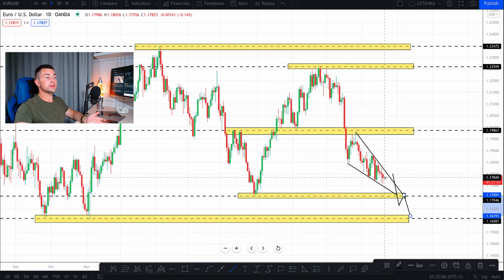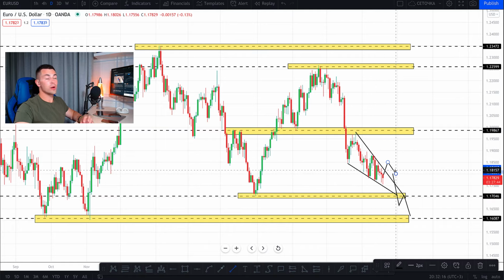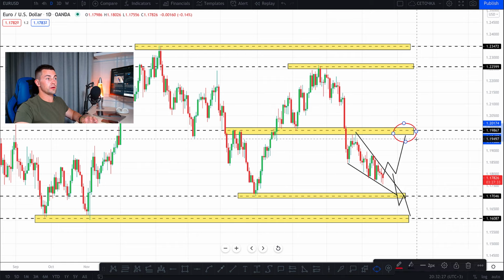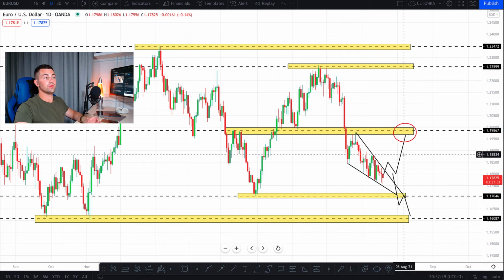Also, in case the wedge right here is broken before the price actually reaches the year's low, if we see a scenario like that, I won't buy the market. For me, it won't be a decent breakout to buy. Then I will simply wait until the price reaches that structure right here, and from that structure I will look for shorting opportunities.